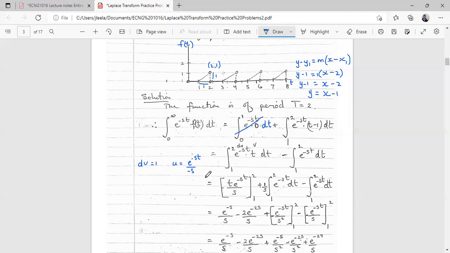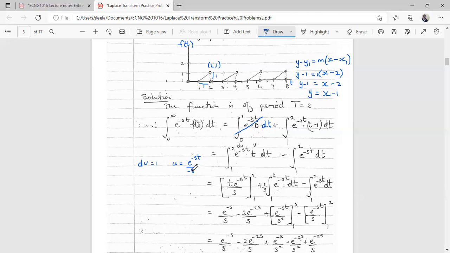So here is uv, which is minus t e to the minus st over s. And then you're subtracting the integral of v du.